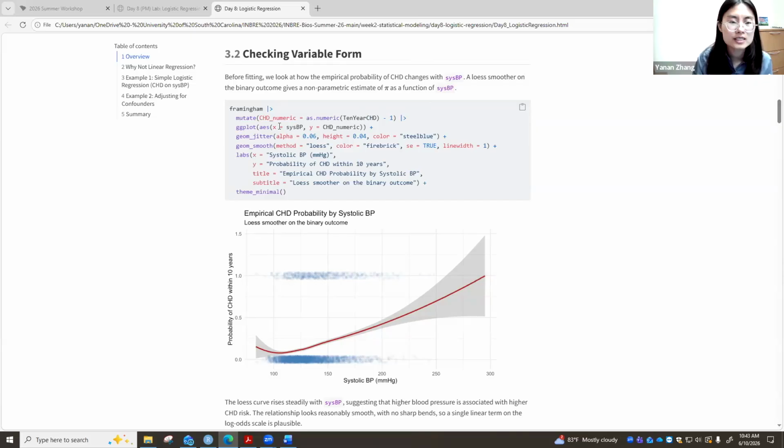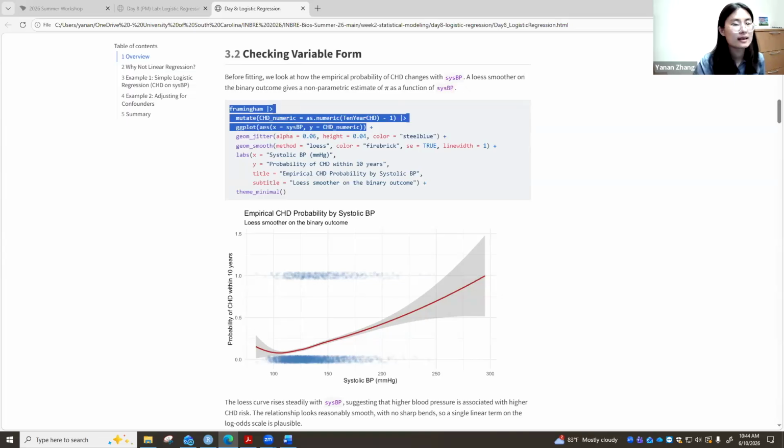And then we use ggplot. We specify the aesthetics, what's on the horizontal axis, what's on the vertical axis. And then we use geom_jitter. So this is a function similar to geom_point. So let's take a look at this.